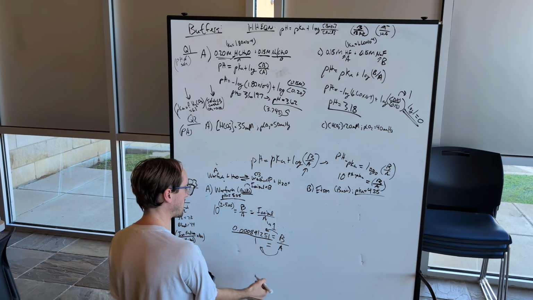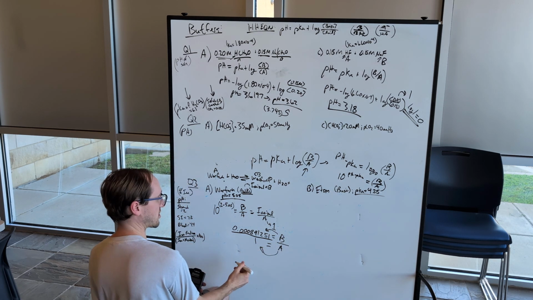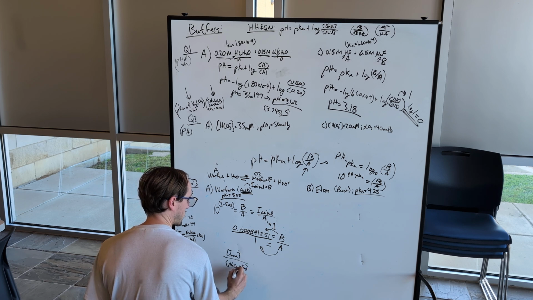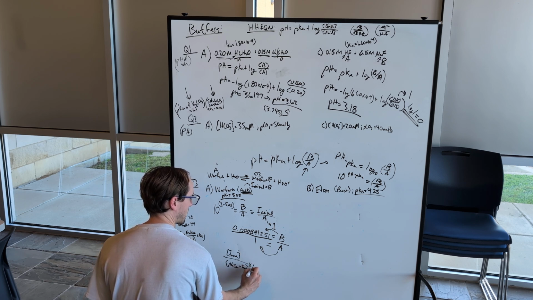And then your ionization percentage is just your ion concentration over the concentration of the non-ion plus ion concentration, and then times that by 100.